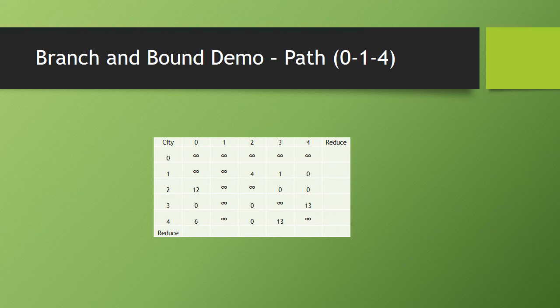So we'll make, once again, city number 1 infinity, column 4 infinity, and then begin our reduction. So 0, 0, 0, 0, 0, and then it looks like all zeros across the bottom as well.